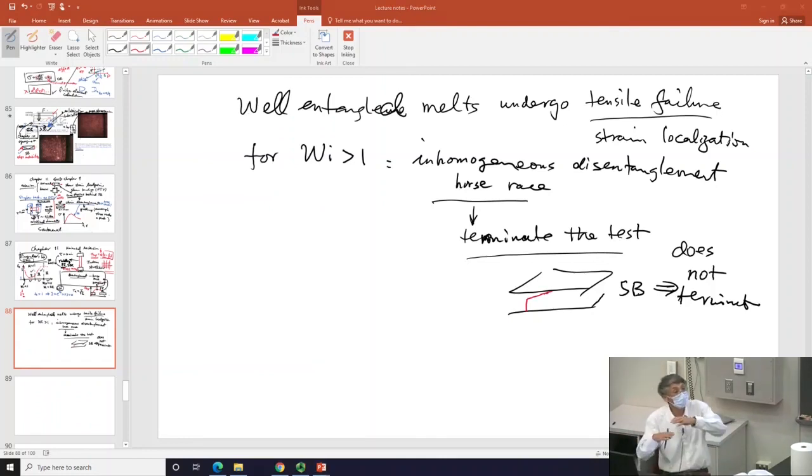The force, the shear stress transmits across. The top layer sheared more. You just need to shear more to produce the same stress as the layer that sheared less. But nothing terminates. But in extension, bad luck.